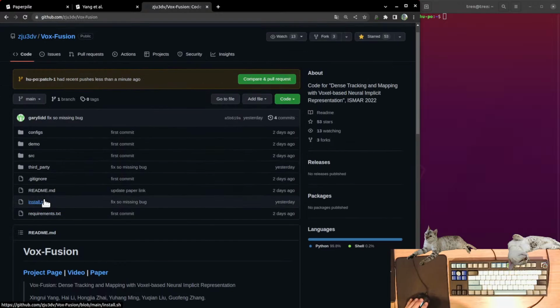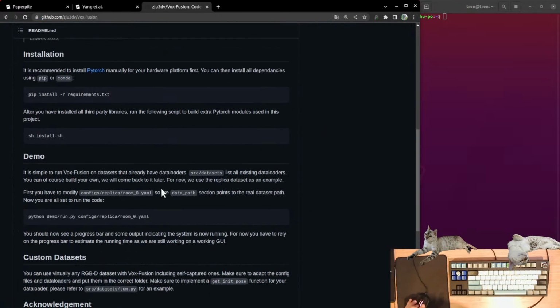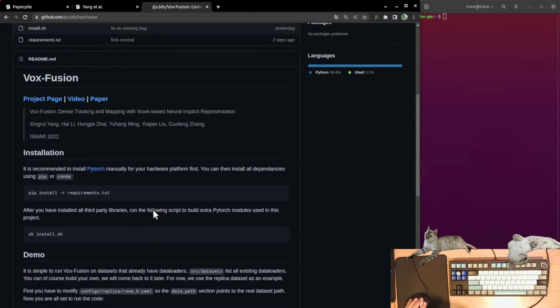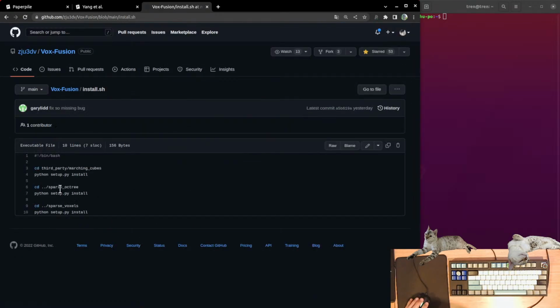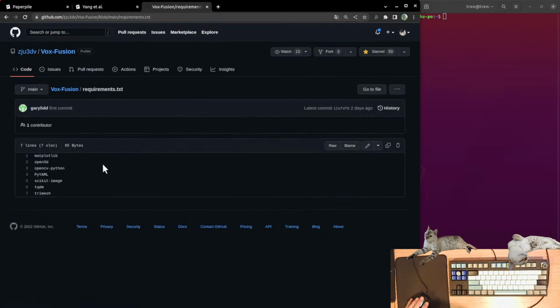See what's in this install.sh. Third-party marching cubes, sparse octree, and sparse voxels. I mean, that's not even going to work. Sparse octree and sparse voxels is not there. Open3D, matplotlib, pyaml.